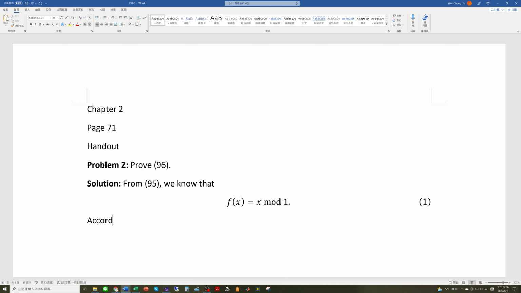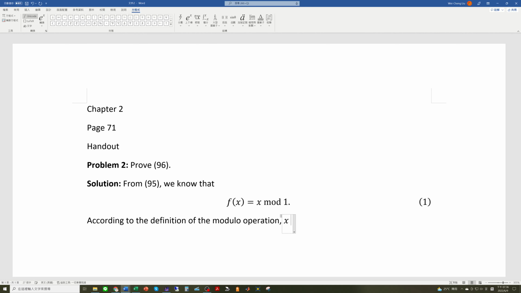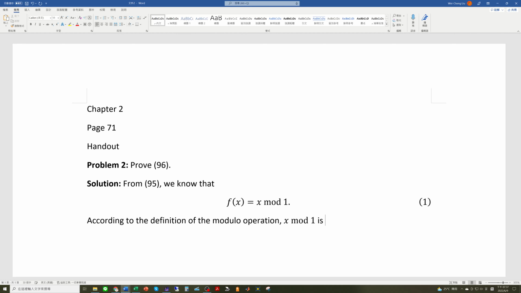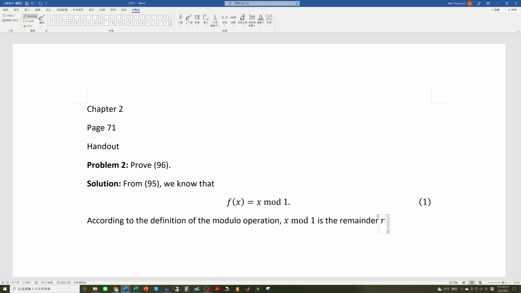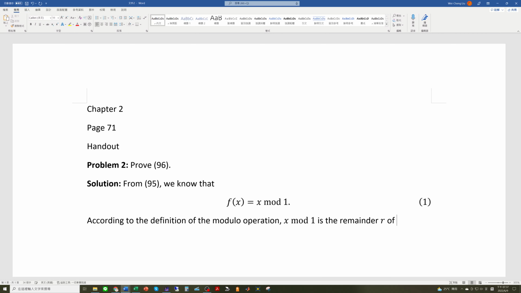According to the definition of the modulo operation, x modulo 1 is the remainder R of x divided by 1.